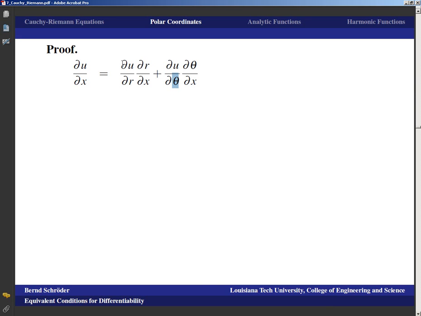So that would be partial derivative with respect to r, as well as the partial derivative with respect to theta. And the partial derivative with respect to r is multiplied with the partial derivative of r with respect to x. And the partial derivative with respect to theta is multiplied with the partial derivative of theta with respect to x.